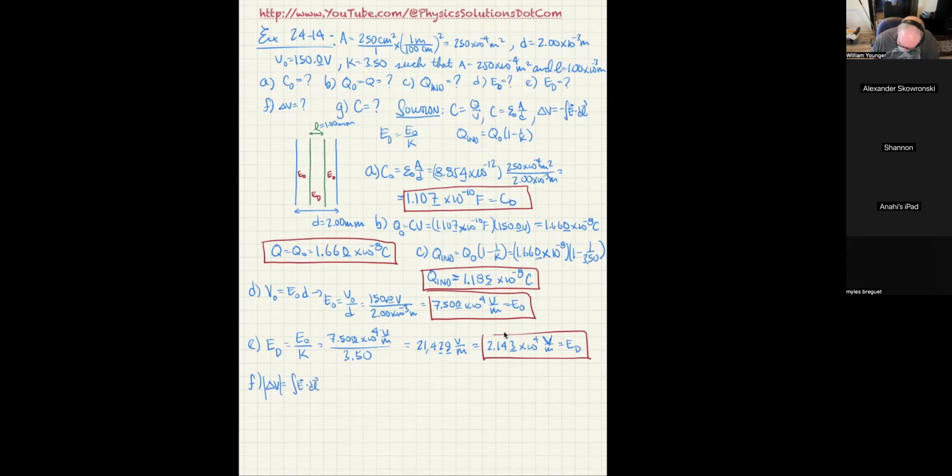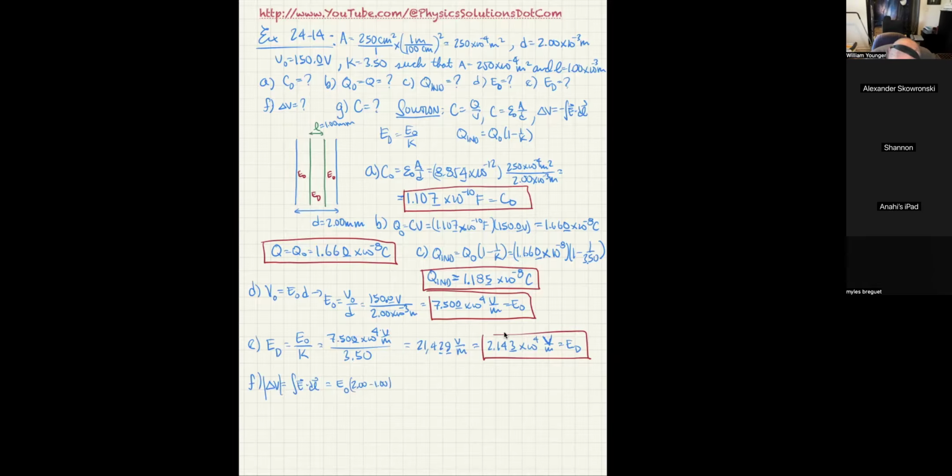But in each of these cases, it's just the electric field times the length. So this is going to become the electric field sub zero, which means the electric field in the space that's not in the dielectric, and that distance, of course, is 2 millimeters minus 1 millimeter.